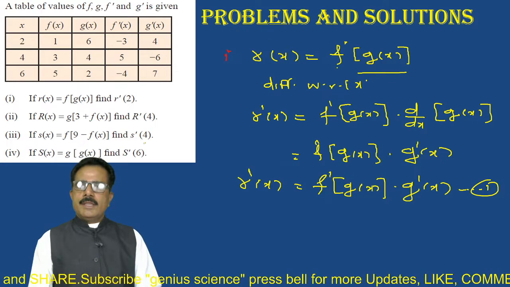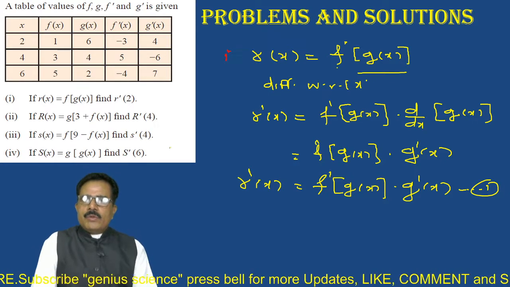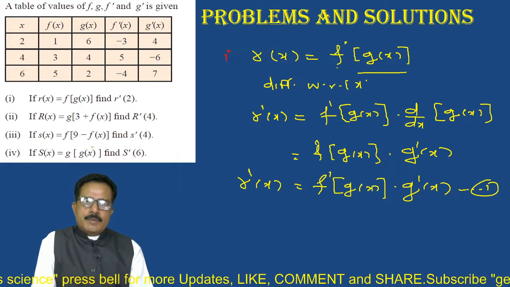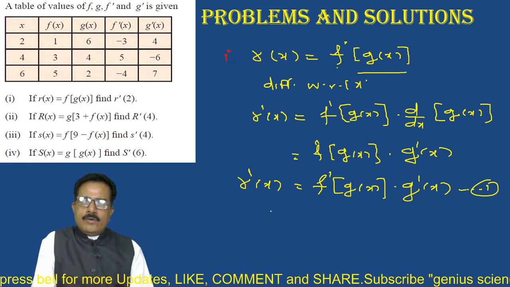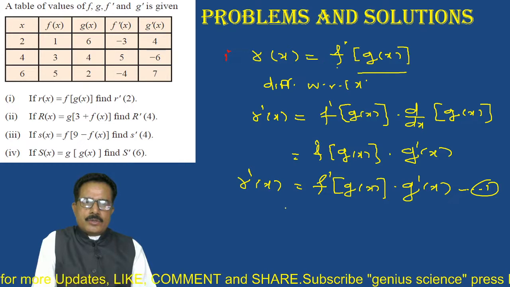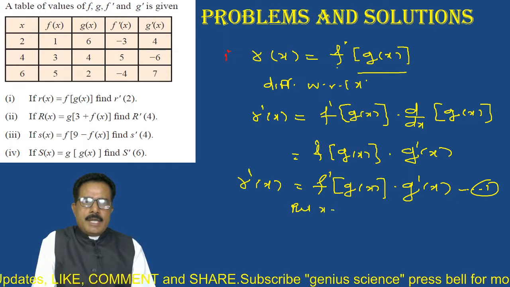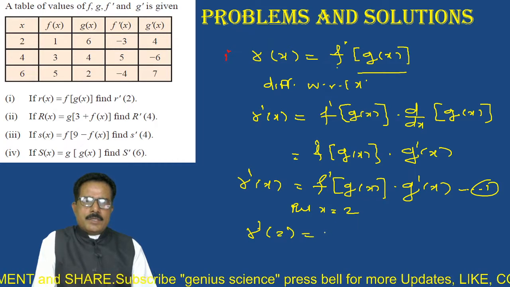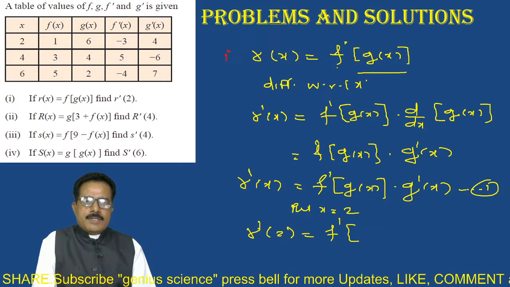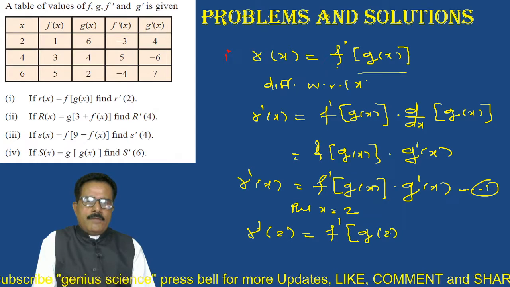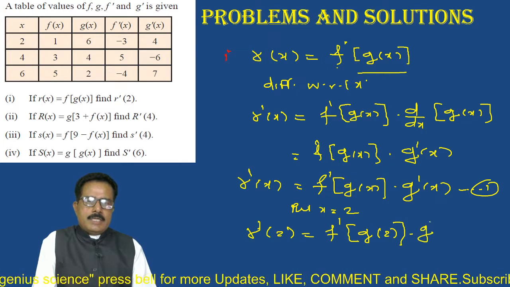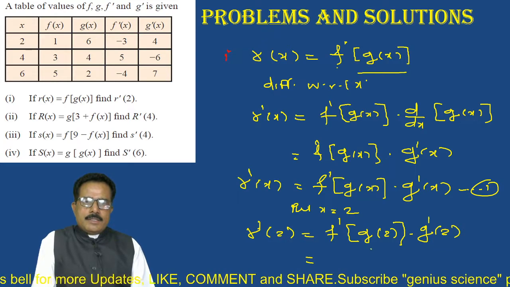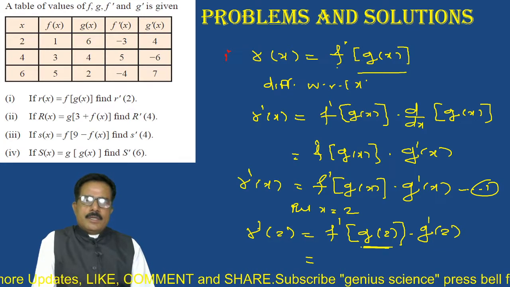Now we have been given the values. We have to calculate the value for x equal to 2. Put x equal to 2, which means r dash of 2 is equal to f dash of g of 2 into g dash of 2. First put the value of g of 2.